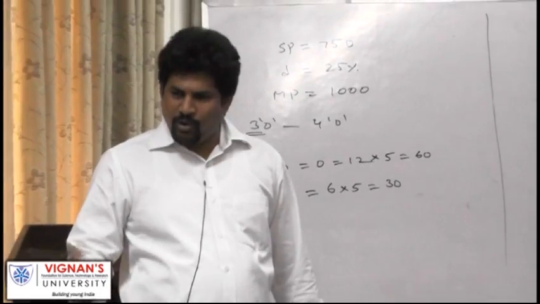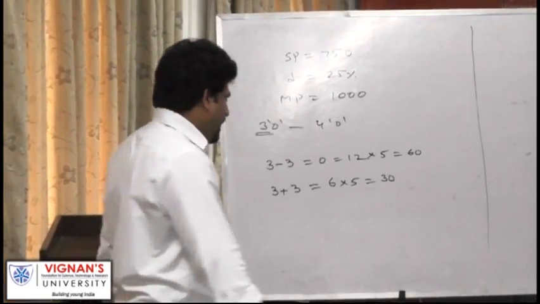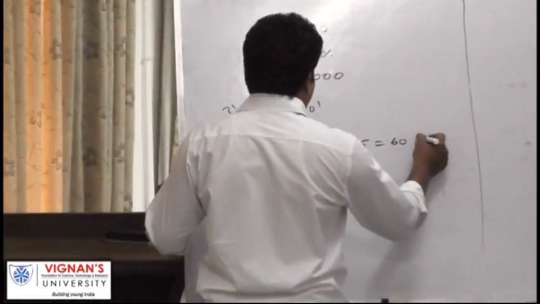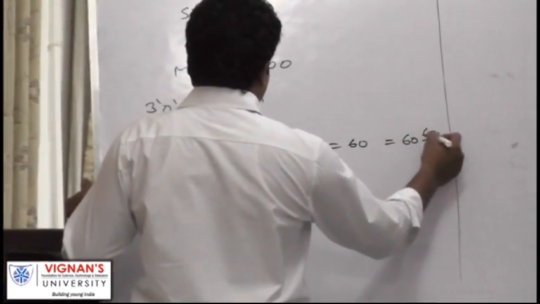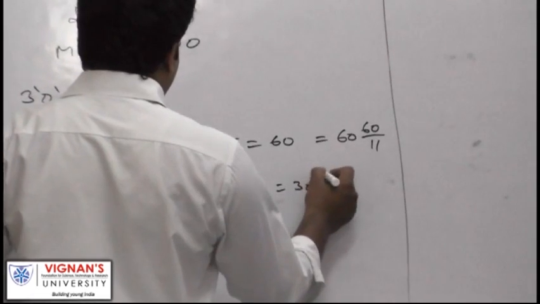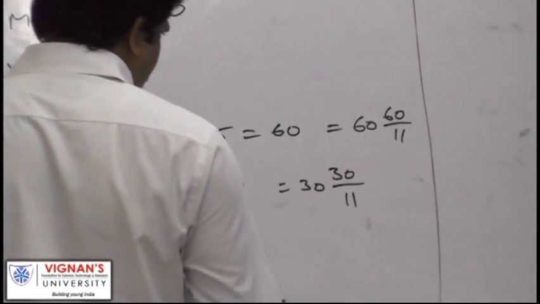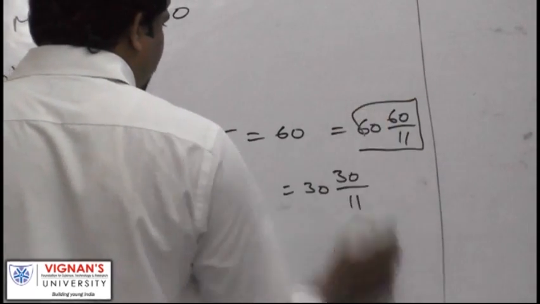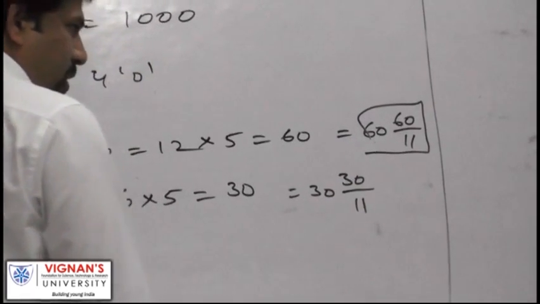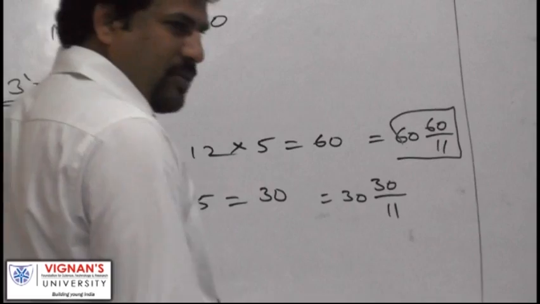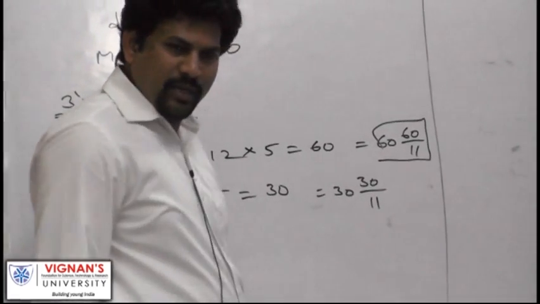Take the number of hours into minute spaces. Then write it as 60 by 11, 30 by 11. This is what? 60 by 11. 11 divides 5 times.